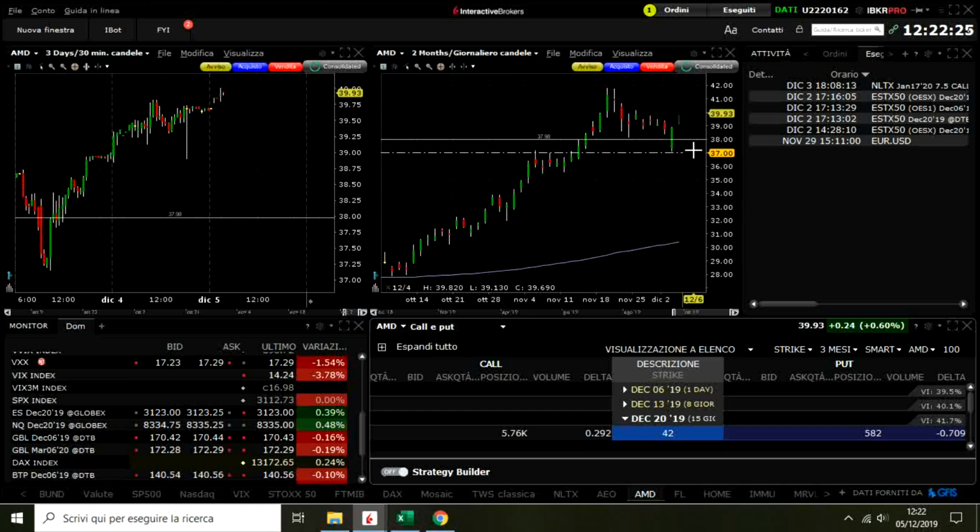Okay, similar reasonings could apply in purchasing puts in front of the expectation of a price drop. The difference is that given the same distance between the spot price today and a call or a put, what you can expect most of the time is that the price of the put is higher.